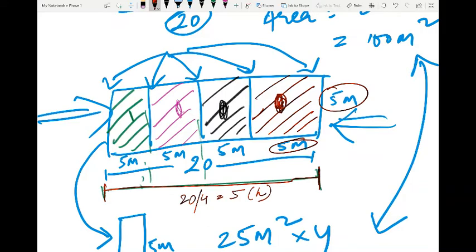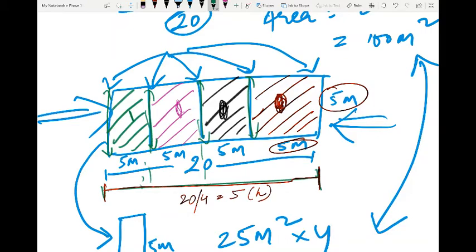So here your common interval is 5, and your ordinates are readings perpendicular to the side that you have divided. It's also called axis, but these are your ordinates.